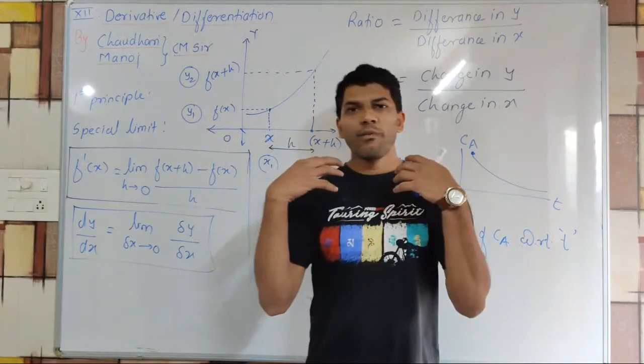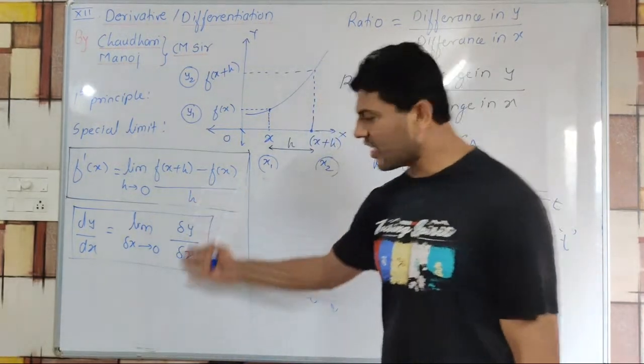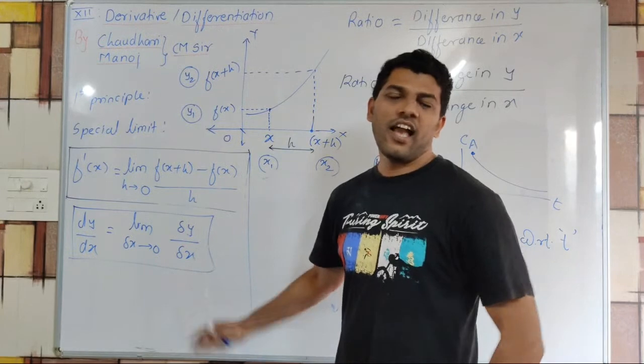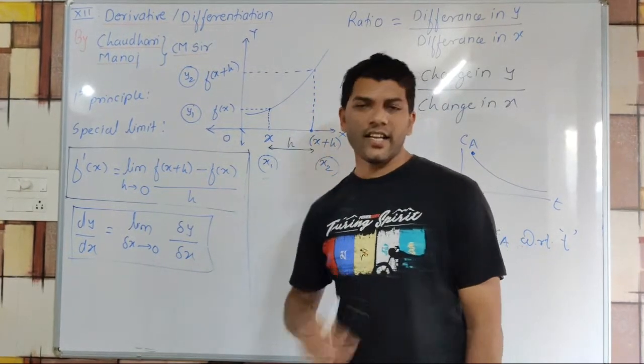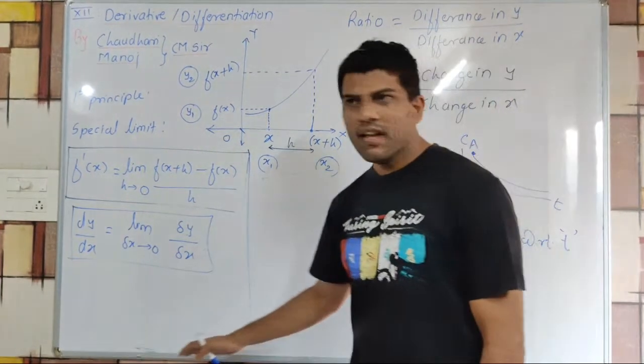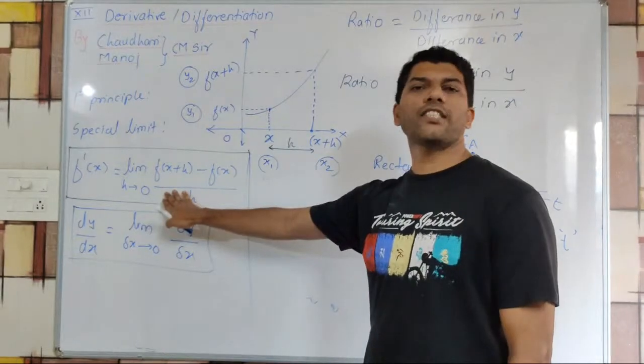But mathematics is all about the hidden sense. There is a certain hidden sense behind these formulas, and it is our role to analyze that sense behind the concept, and this is called derivative by first principle.